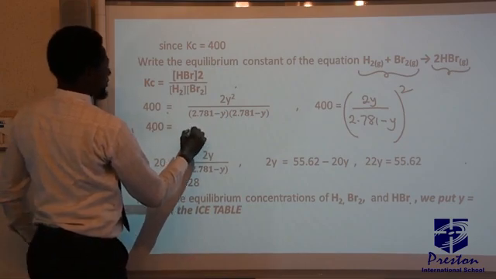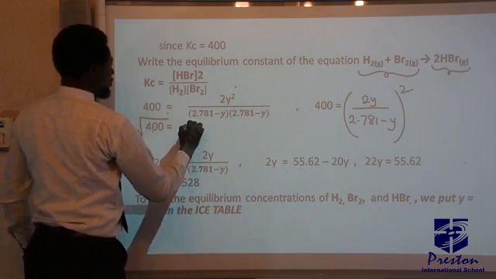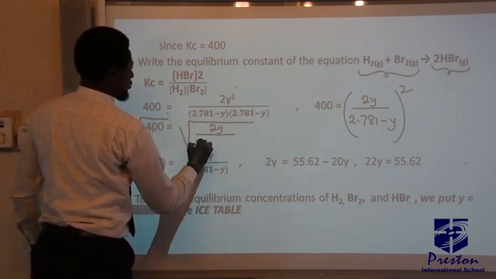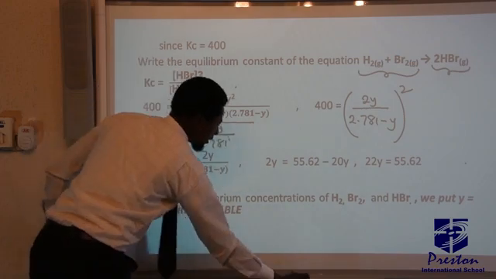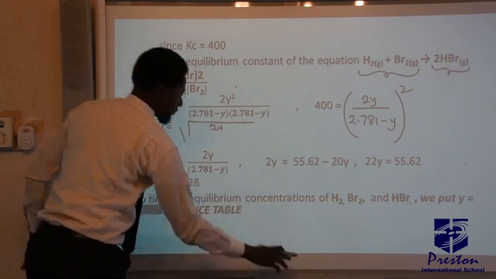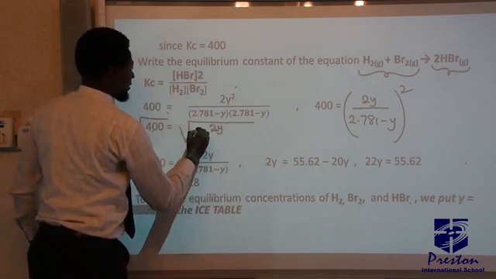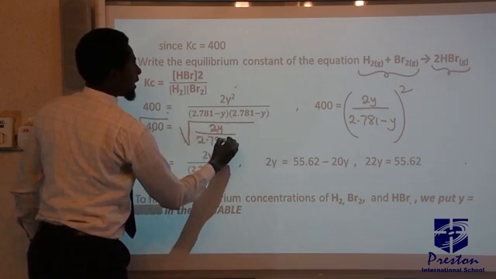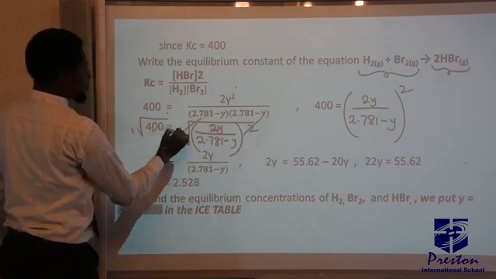So the square will cancel the square root.